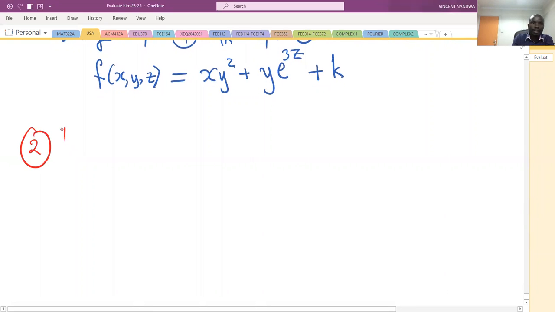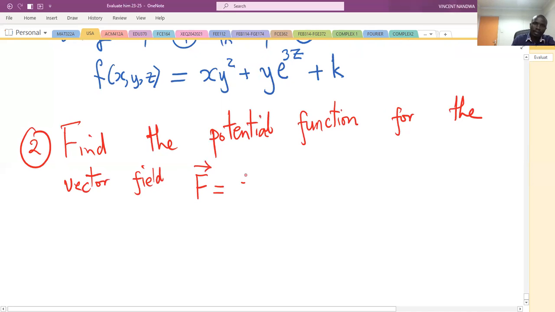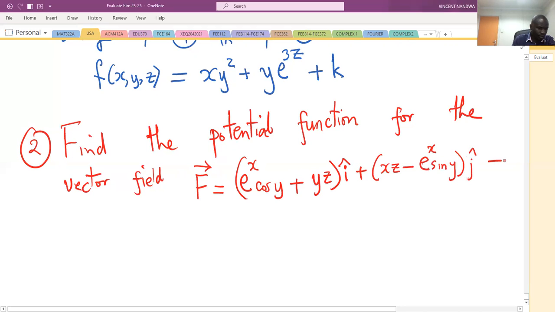Number 2: find the potential function for the vector field F equals (e raised power x cos y plus yz) i plus (xz minus e raised power x sin y) j plus (xy plus z) k.